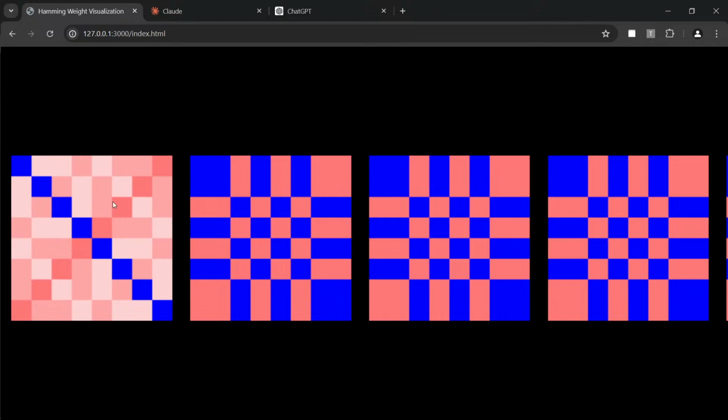This is your starting state, your pairwise distances between all the inputs, and this would be a target state. What this is saying is that the blue rows are linearly separable from the pink rows.